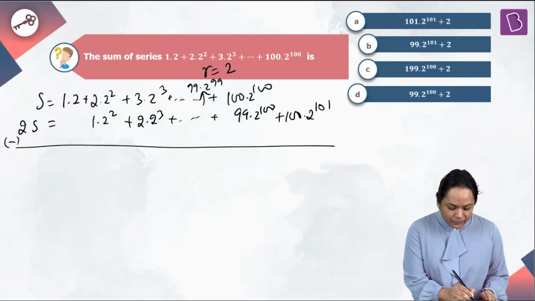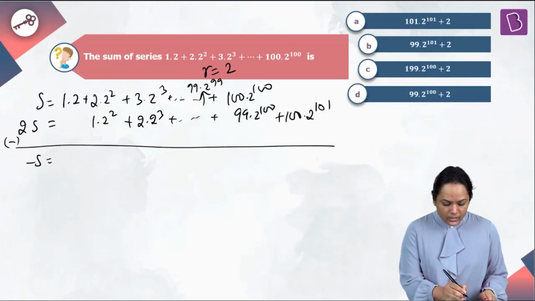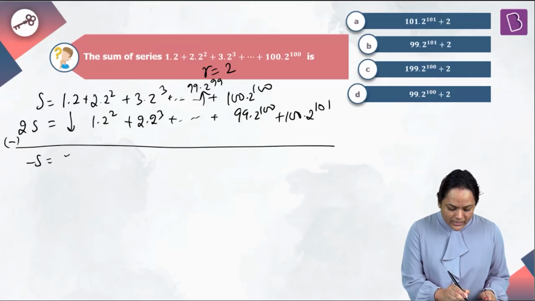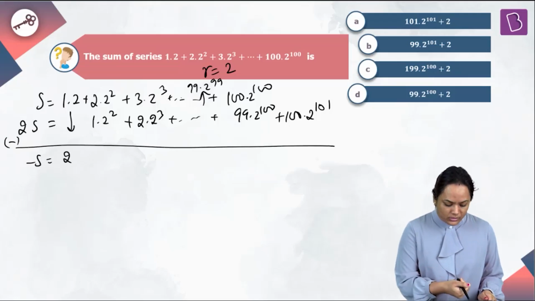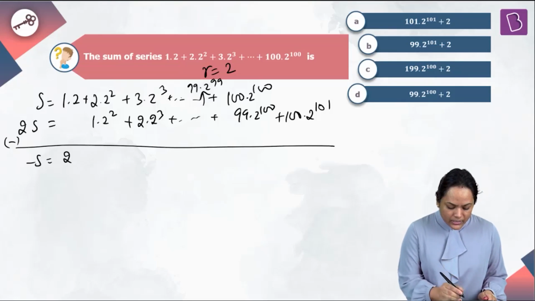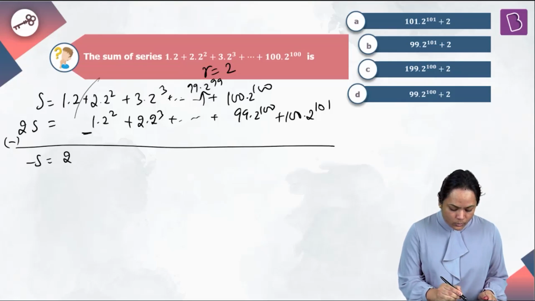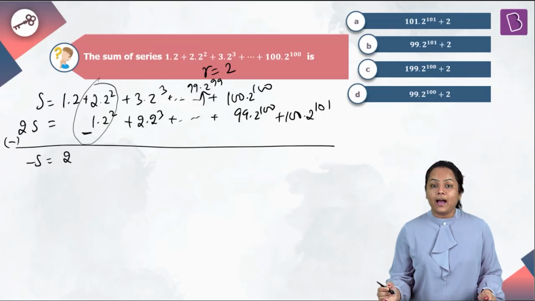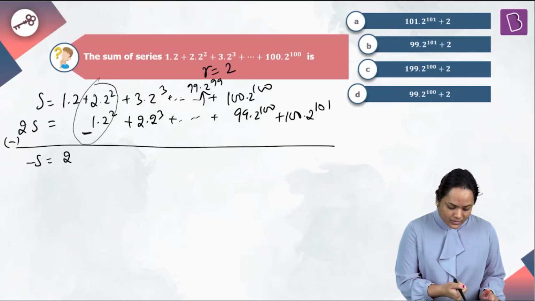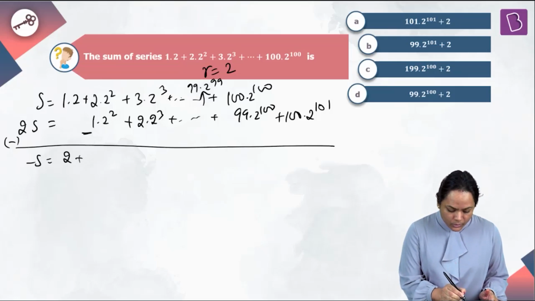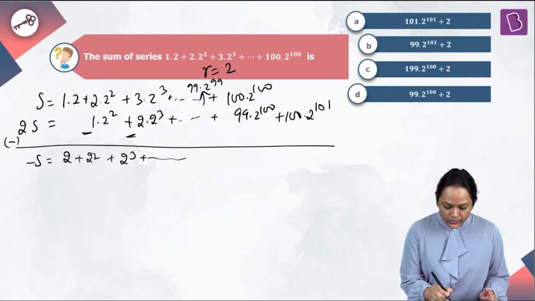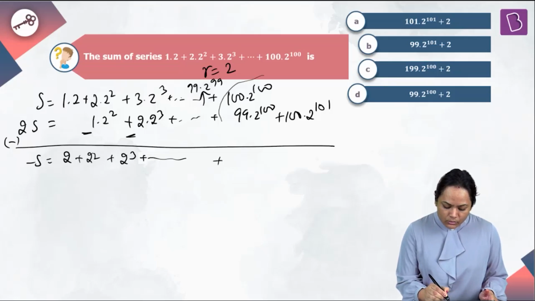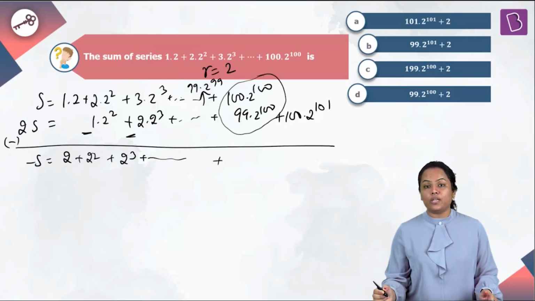What will we have? This will be minus S here. 1 into 2 will basically be equal to 2. Right? So this is my first term. When I subtract 2 into 2 square and 1 into 2 square, I'll have 2 square. So my second term will become 2 square. Similarly, the third term will be equal to 2 cube, till 100 into 2 raised to 100 minus 99 into 2 raised to 100.